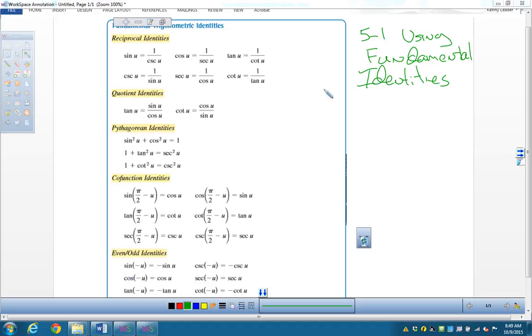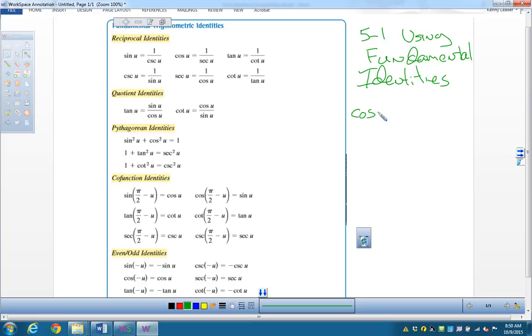So this first section, 5.1, is using fundamental identities to simplify trigonometric expressions. I'm just going to go through some examples and then let you kind of work.